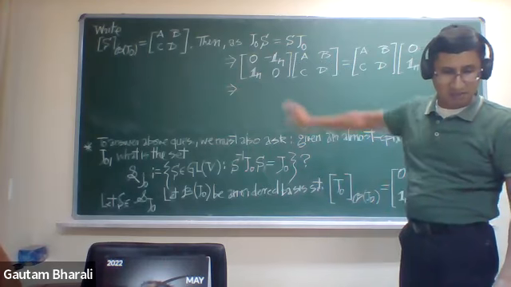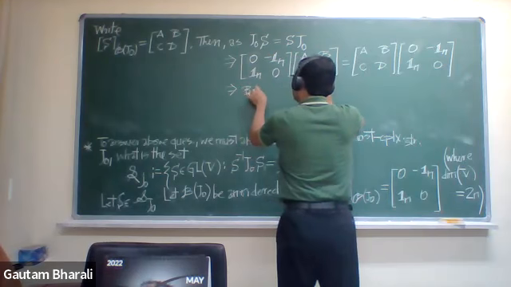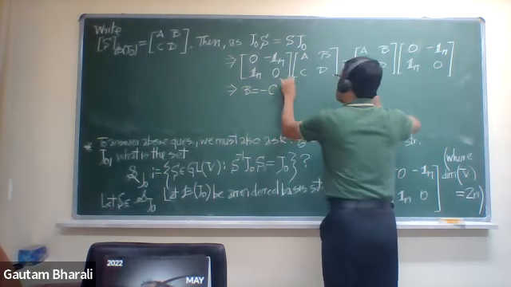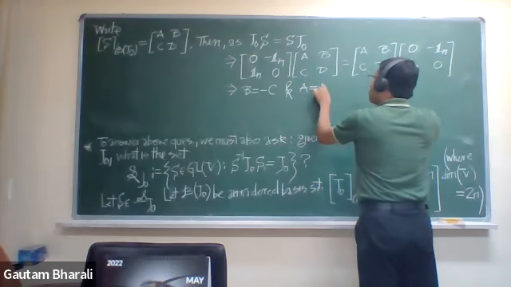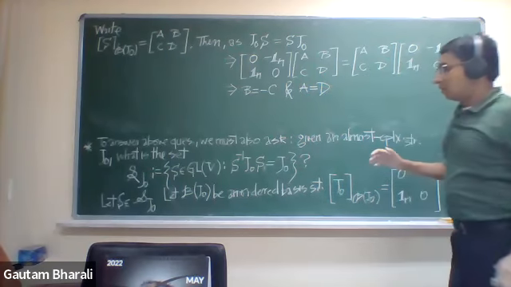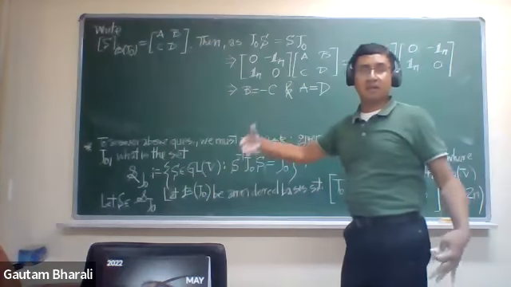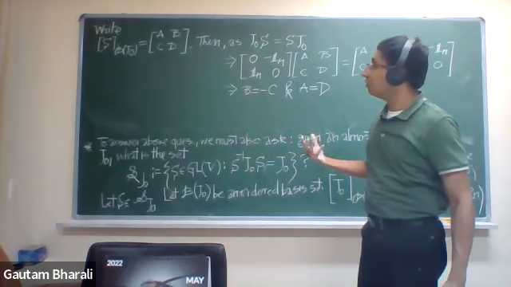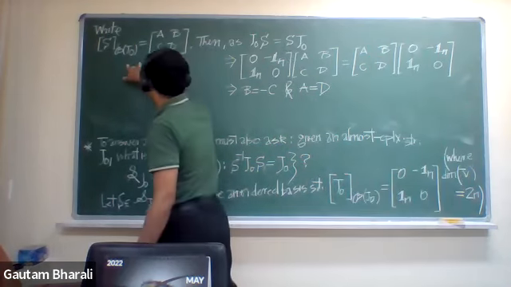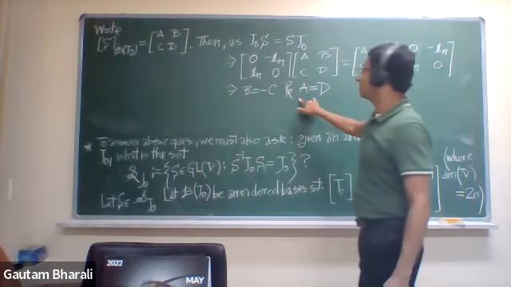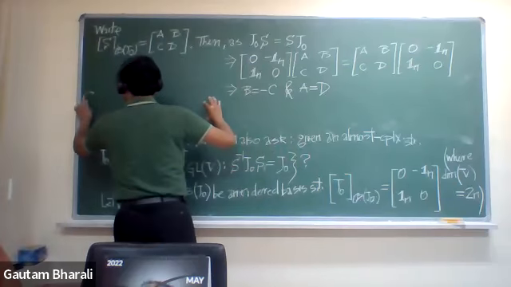And at the end of the day, everyone can do this multiplication and you get B is equal to minus C and A is equal to D. So you see, if S is in here, then the matrix representation of S with respect to this special basis must satisfy this constraint.